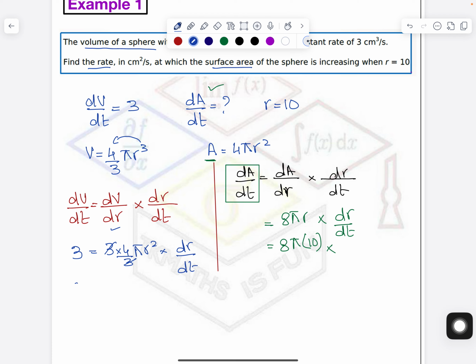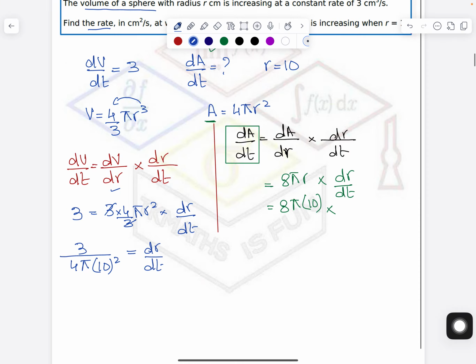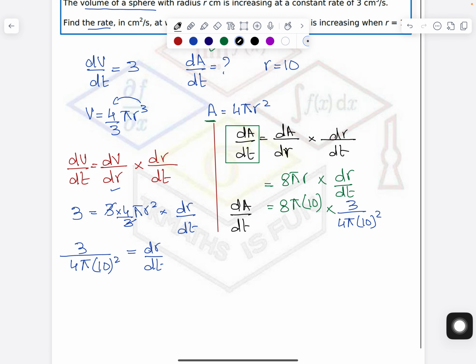So what did you get? dr over dt is 3 divided by 4 pi, and r is given to you, 10 square. I found the rate of change of radius, and this is the value which I will substitute here. So it will become 3 over 4 pi 10 square times 8 pi r, right? And this will help me get the final value of the rate of change of area. Now pick up the calculator and simplify it.